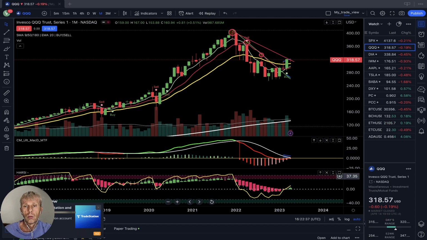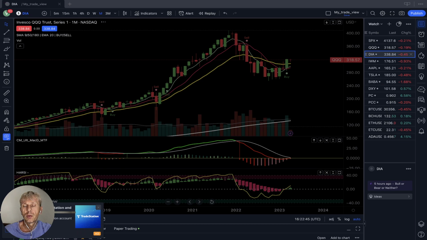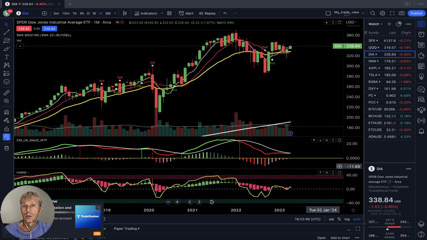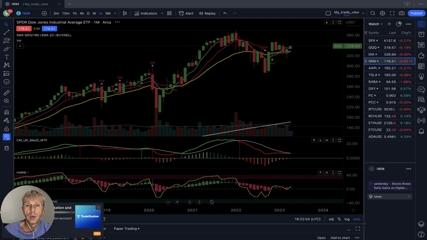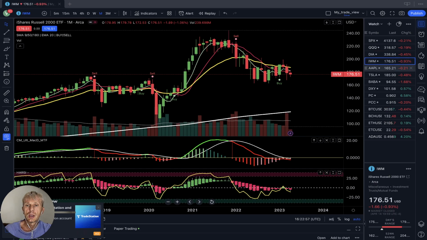Also bullish on monthly time frame for Qs also. Dow Jones on the monthly time frame also bullish except MACD. Bullish signal.